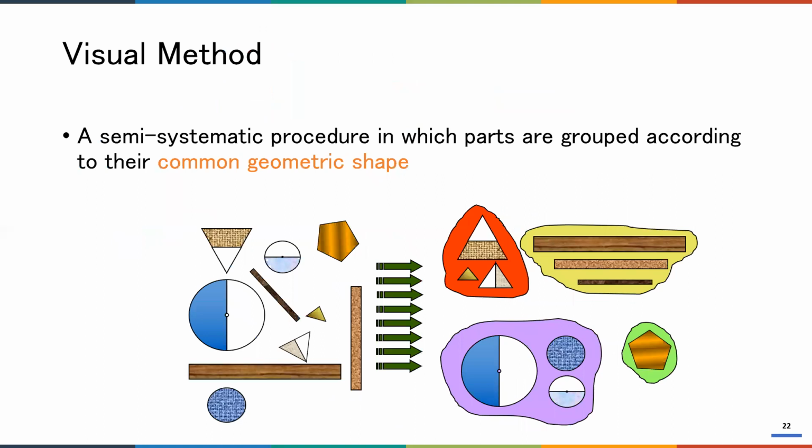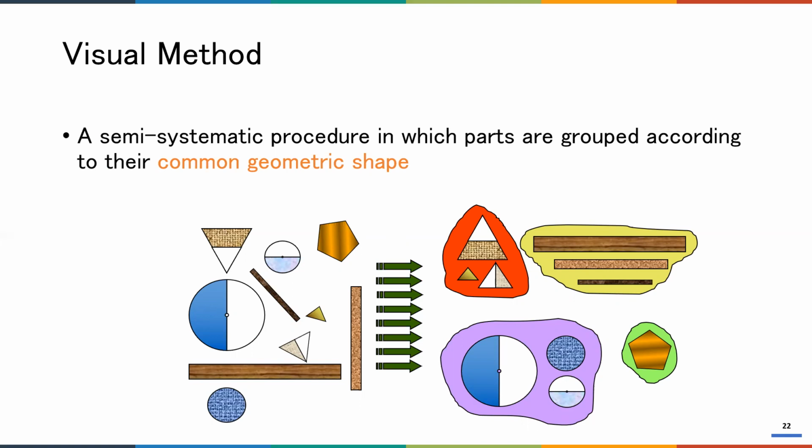The visual method should be quite easy, because it is described as a semi-systematic procedure. They basically just group the product. In the visual method, we group the products by their common geometric shape. So it's going to be easy if the geometric shape is easily recognized.